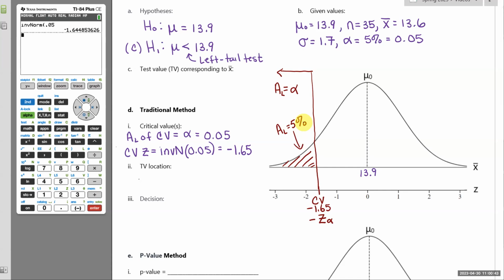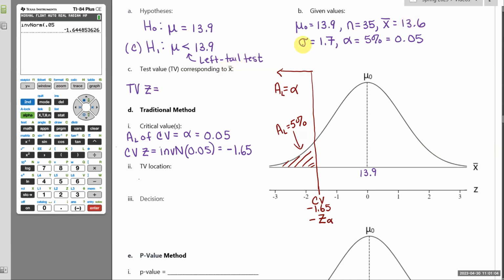And then we go out and look at where our sample mean falls on that number line. And to determine that, we change it into what we call a test value. So the test value is the Z-score that corresponds to this value of X bar.